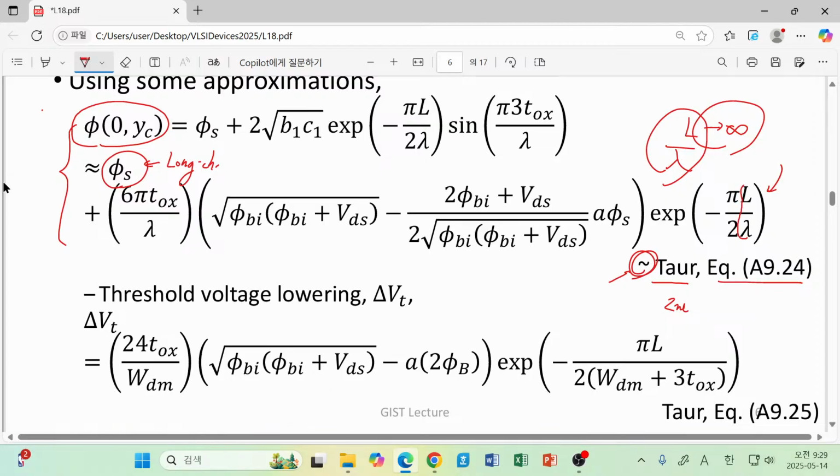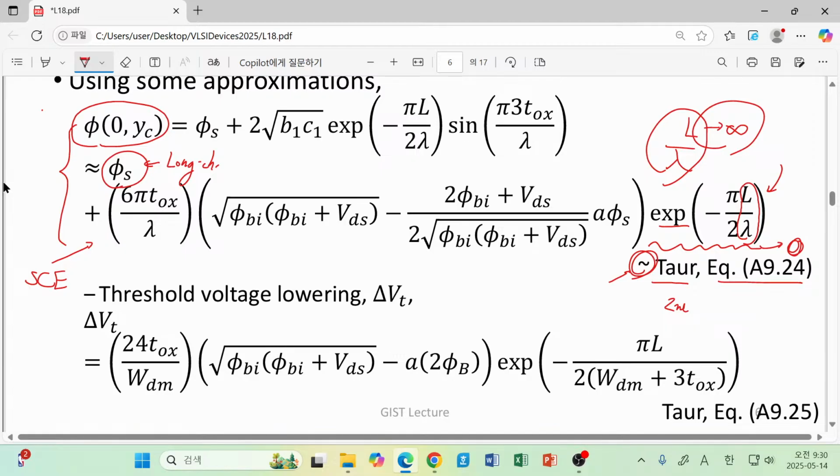The input argument of our exponential function becomes minus infinity. Simply speaking, this exponential factor becomes just 0. In this case, if our channel length is much longer than our lambda, then there is no impact from the short channel effect. That looks quite reasonable.